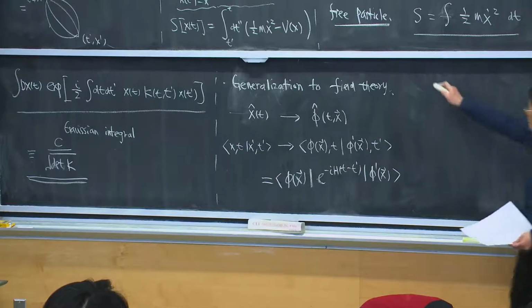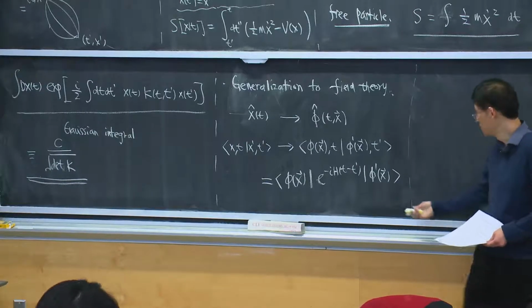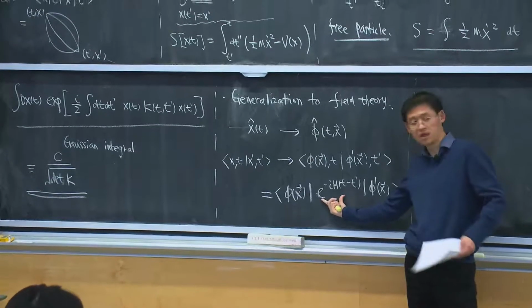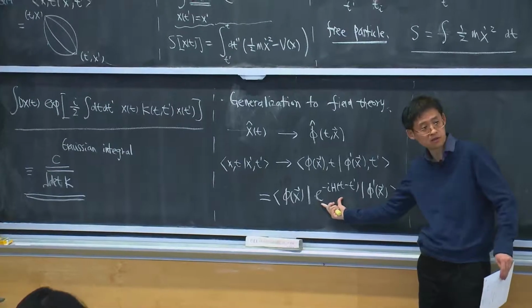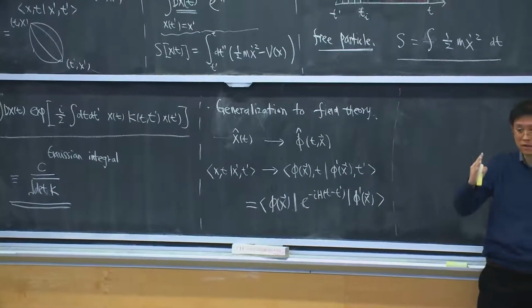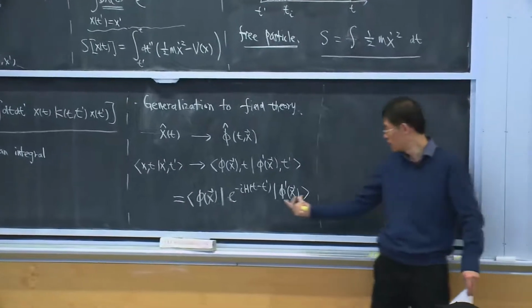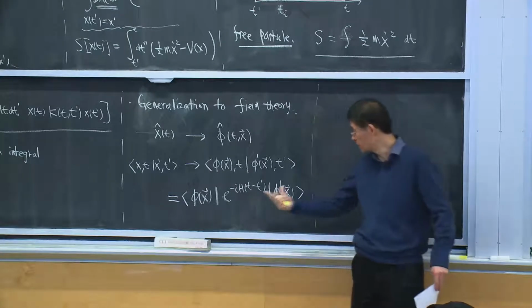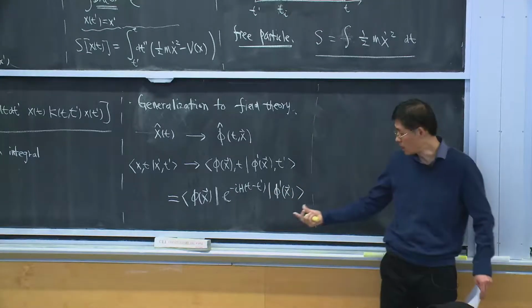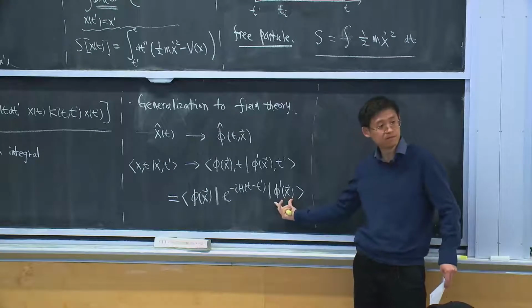Then we can use the same technique we discussed last time. You just split the time interval from t prime to t into many, many infinitesimal pieces, and then do it over and over, inserting the complete set of states of phi.